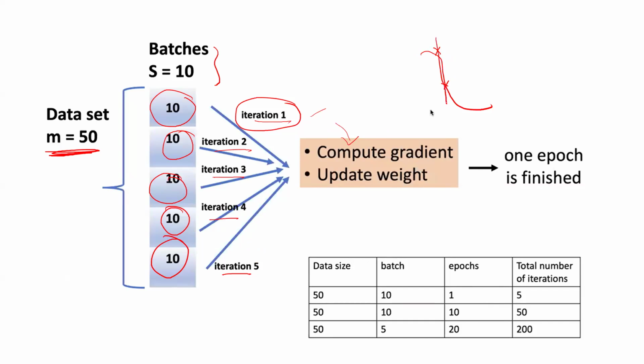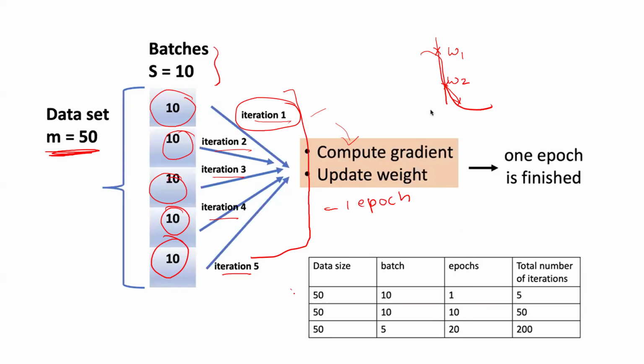With that we get the updated weight w1, and for the second iteration the weight is different, w2. Like that we keep on getting different weights for different iterations. Now all these 5 iterations together make one epoch.